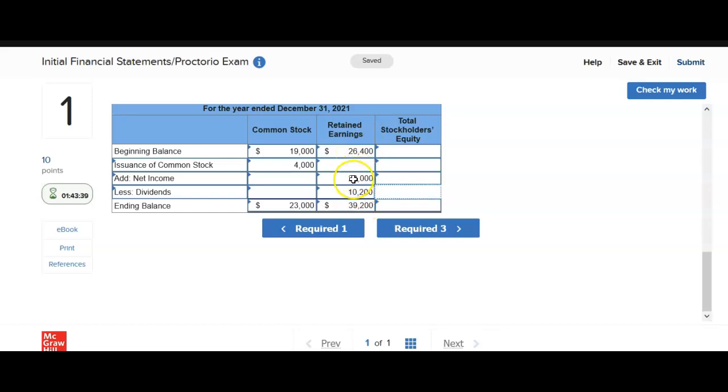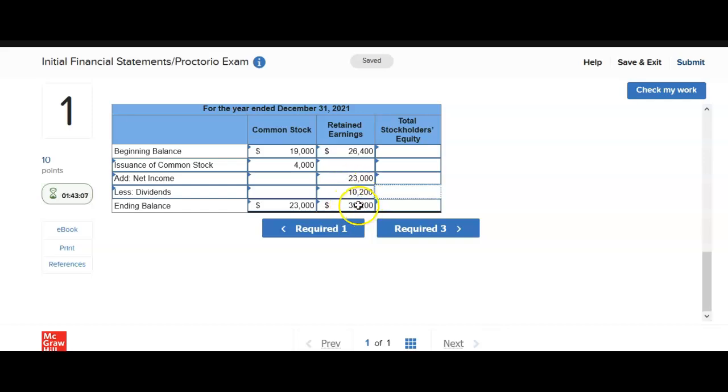We found net income, so you have that here. They give you ending retained earnings. And to force this to work out, you have to find the amount for dividends. So in the retained earnings column, you'll have beginning retained earnings 26.4 plus the net income of $23,000. Then you'll subtract the dividends of 10,200 to get the ending balance of 39,200.